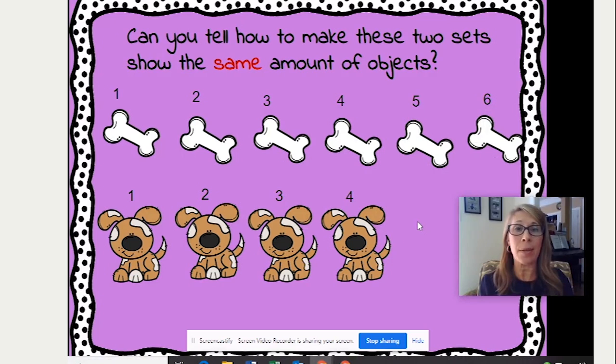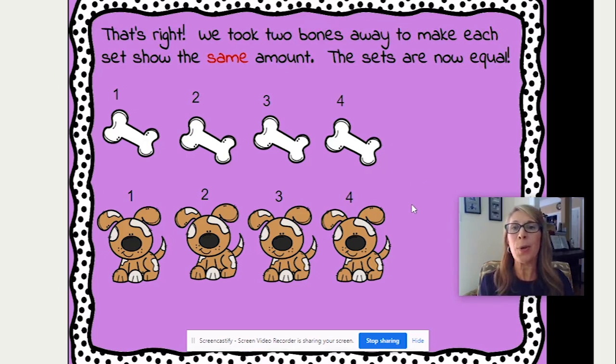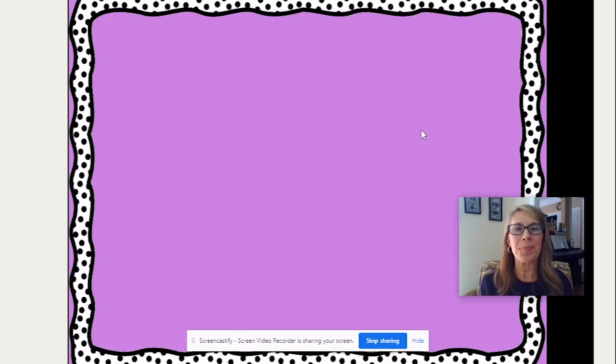I need to do something with some of these objects to make these groups or sets the same. You guessed it. Take 2 bones away, and now each set has 4. We took 2 bones away to make each set show the same amount. The sets are now equal. Great job.